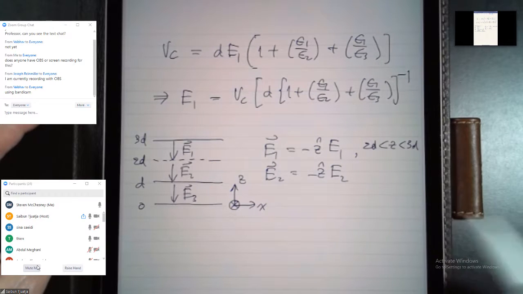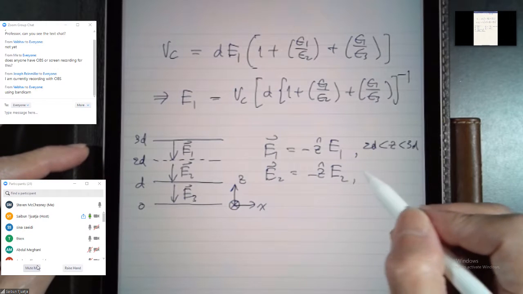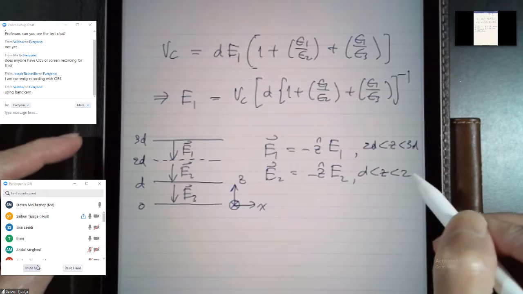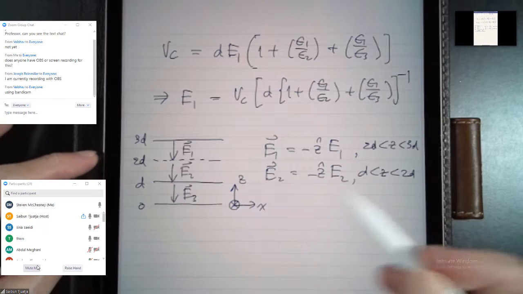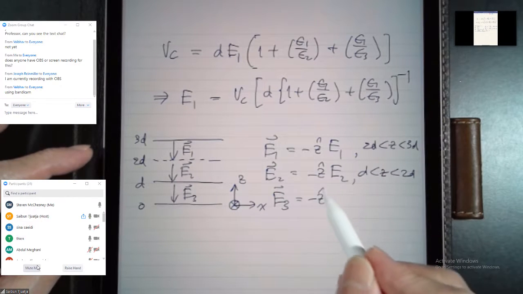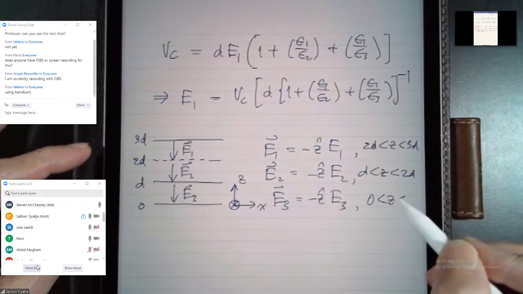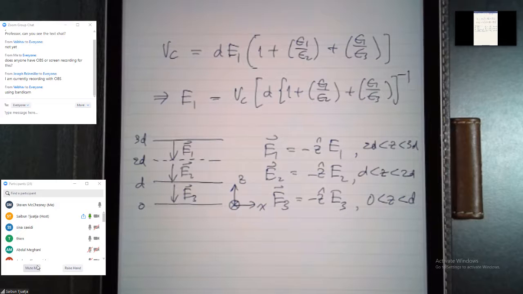E2 is for Z between D and 2D. And E3 is negative Z hat E3, where Z is between 0 and D. Any question about this? Is that clear?